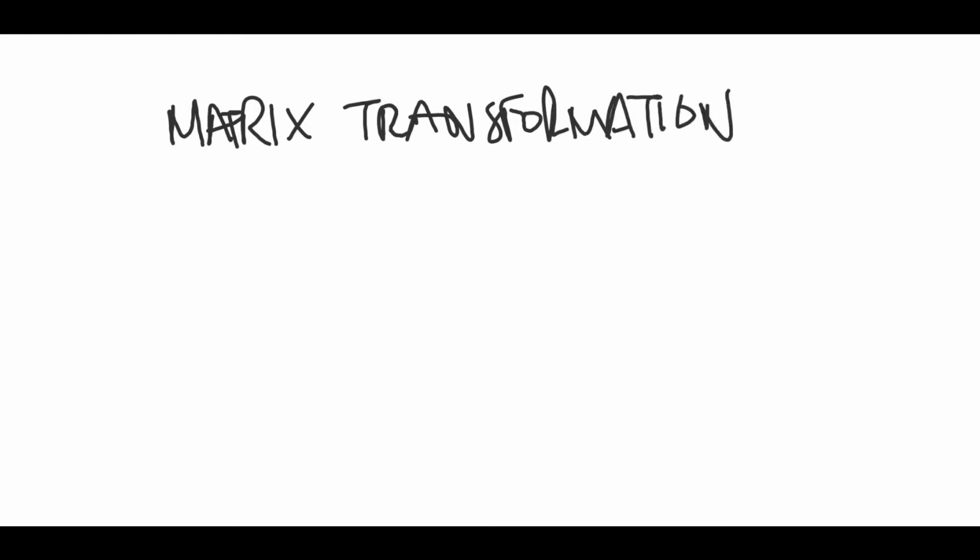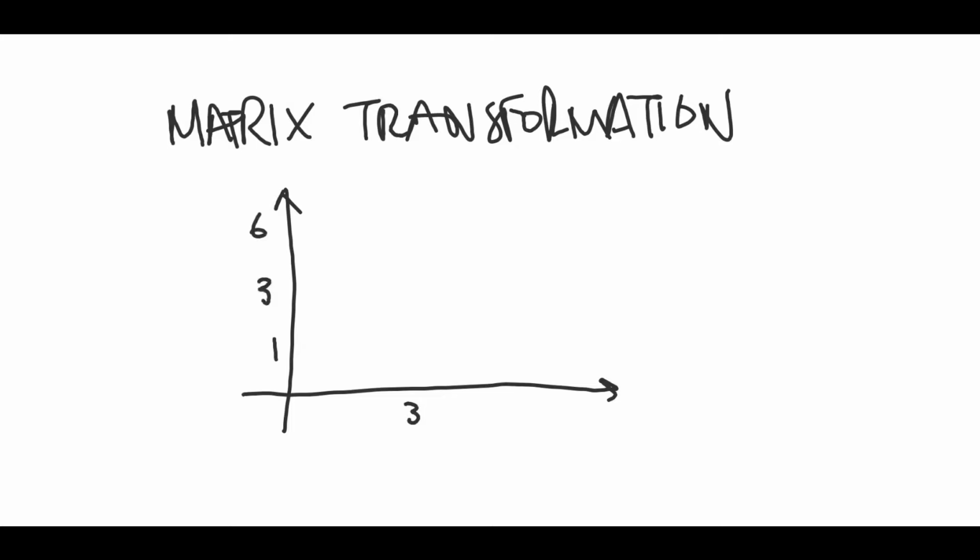All right. So if we've got this graph that has a plotted point at, we can say, 1 and 3, and this goes till like 6, and then 1, 3, 6, 0.